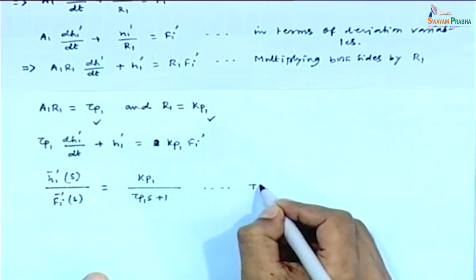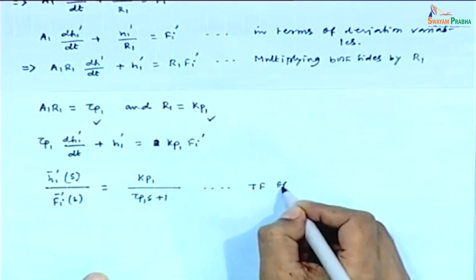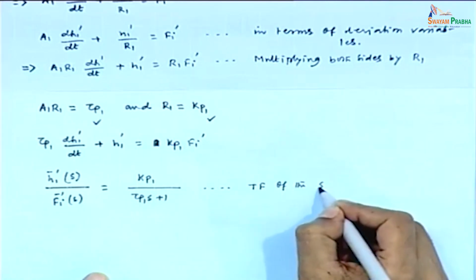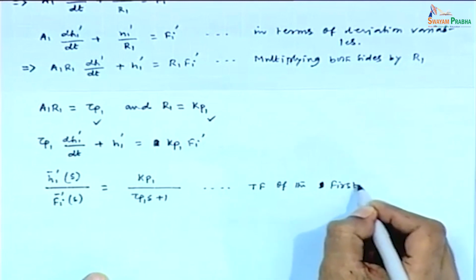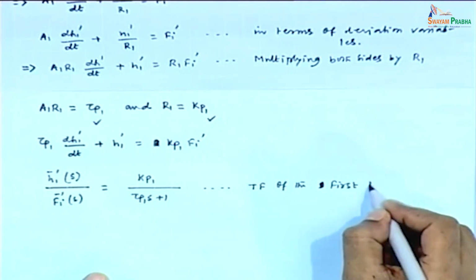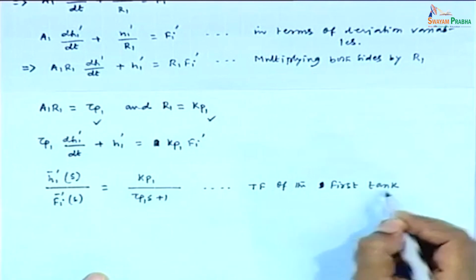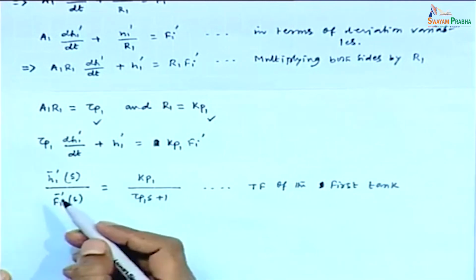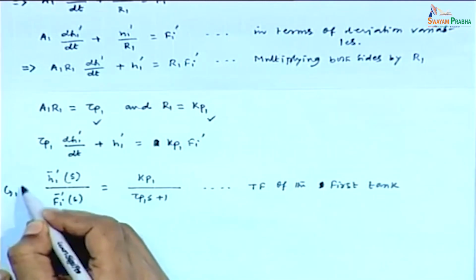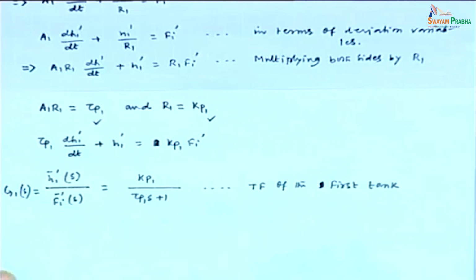This is the transfer function of the first tank, that is tank 1. Now, we will represent this as Z1(s).